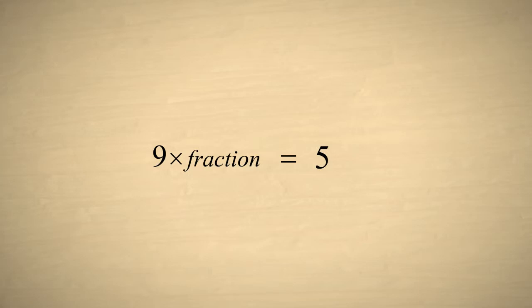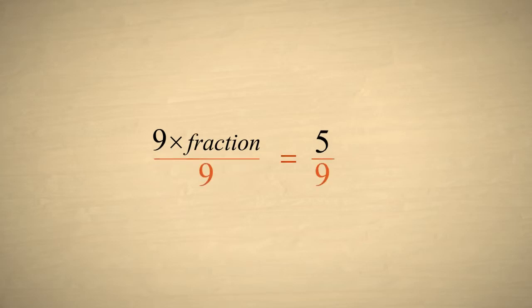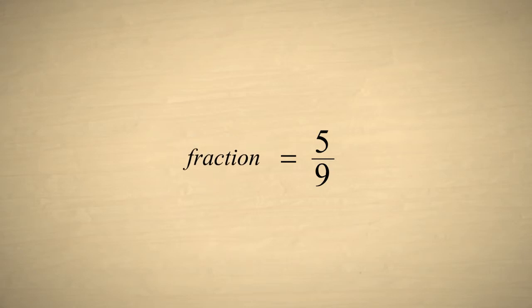Let's divide both sides by 9. Notice that on the left side of the equation, the fraction is multiplied and divided by 9. This leaves its value unchanged, so we can cancel out the 9's on the left side of the equation. We are left with an equation which says that the fraction is equal to 5/9. We have converted our repeating decimal number to the fraction 5/9.